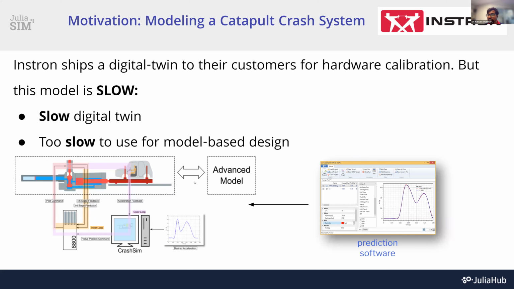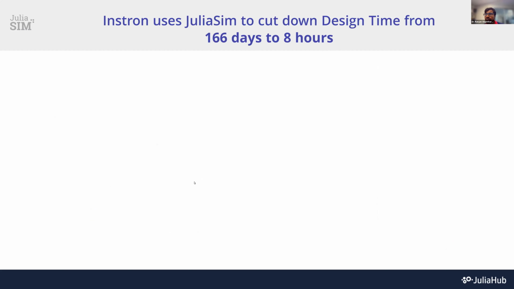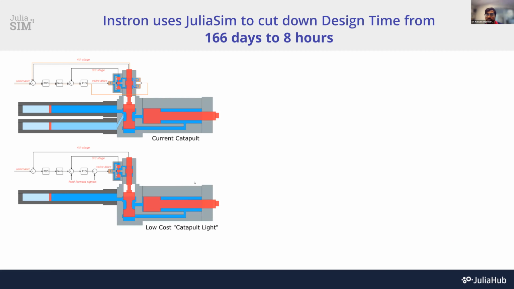In addition to shipping it, they also use it for model-based design. So how do you improve this crash system? That's something they use this digital twin for as well, and that digital twin is quite slow too. For performing model-based design, one of the things you need is a very detailed physical model, which is the picture on the top left.